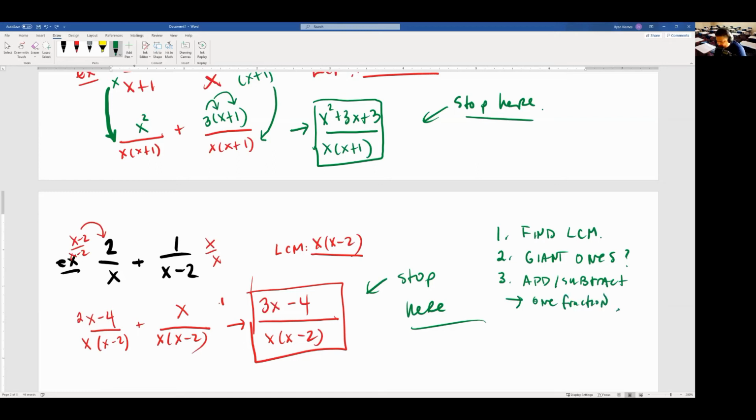Find the LCM. Giant ones, obviously, these are the both two crucial steps of this. And then add and subtract into one fraction. Again, we're kind of going really kind of big baby steps here, but they're baby steps because I'm about to open the floodgates here.